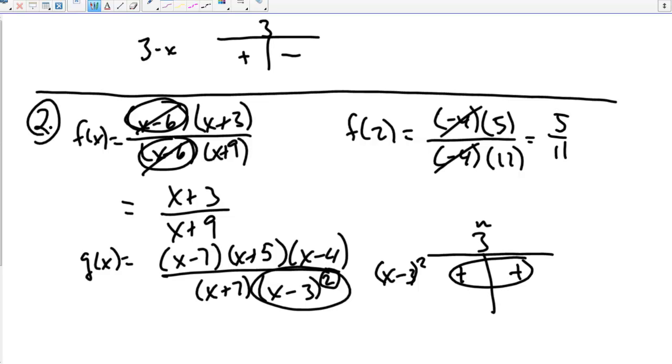Another thing to be very careful about, a third case here, is to be careful of constants.